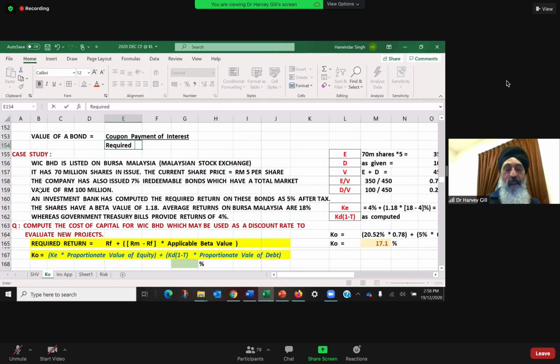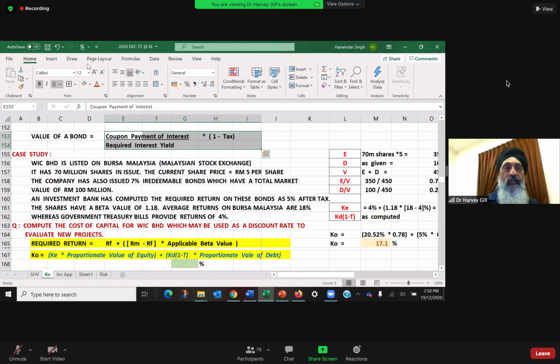Yeah, required interest yield, and then of course all of this multiplied by 1 minus tax. Yes, then that would be the value of a bond.